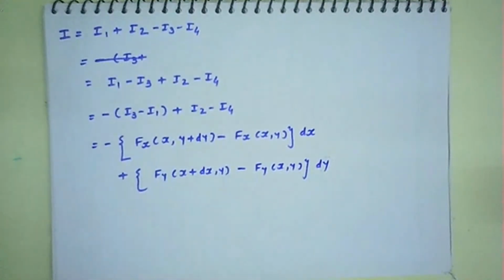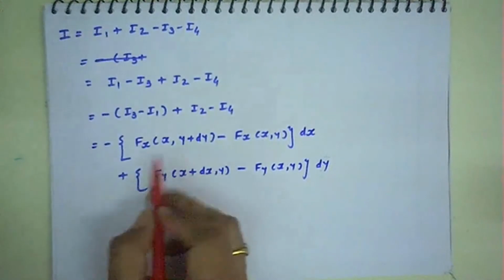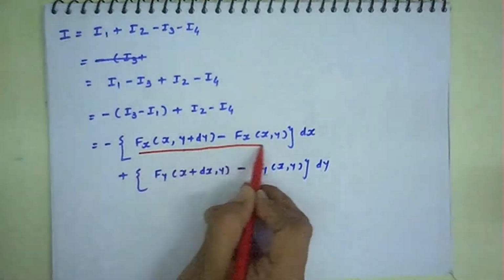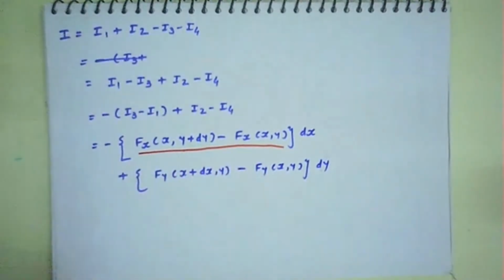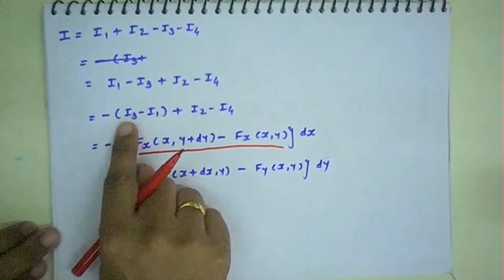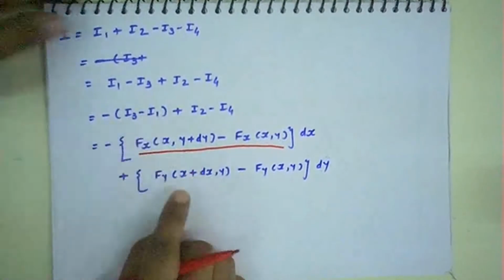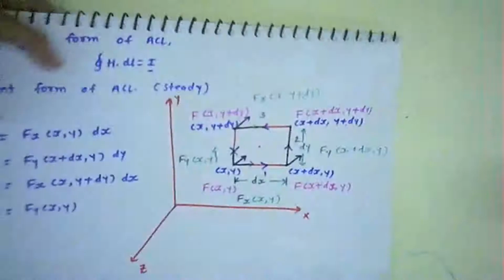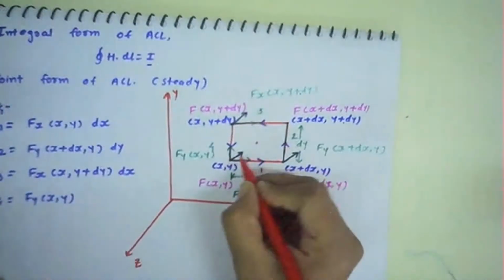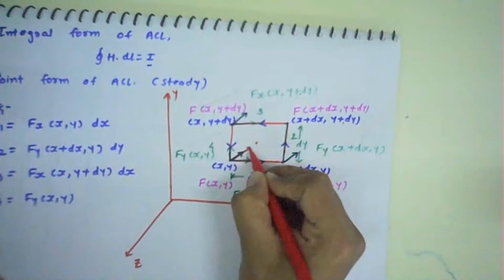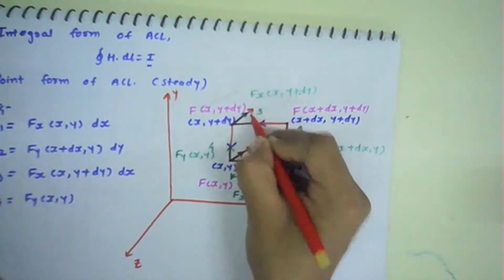Now, if we further simplify, consider the first part: I3 and I1. This is my I1, this is my I3.